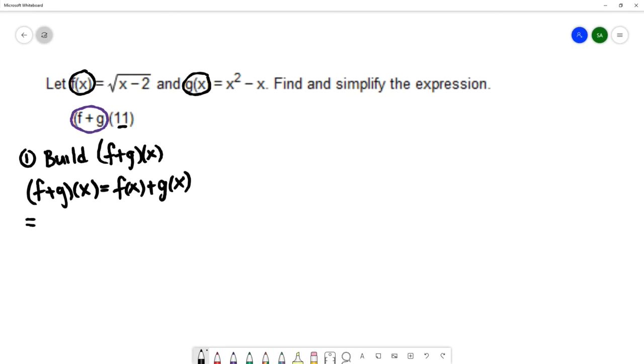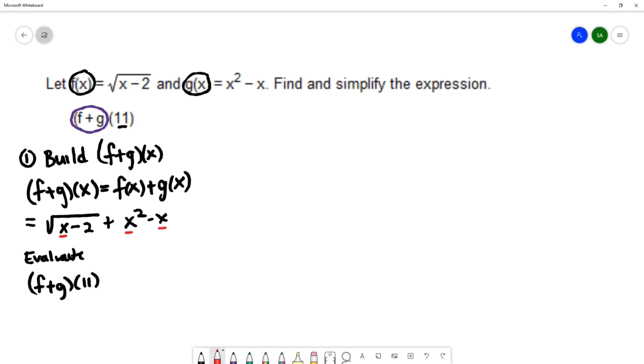So f of x is the square root of x minus 2. g of x is x squared minus x. So now we have the function f plus g of x. Once we have that function, we're going to evaluate. We want to find f plus g of 11. So we're going to substitute the 11 in for these values of x in the function.